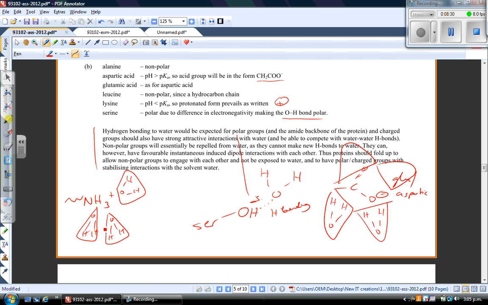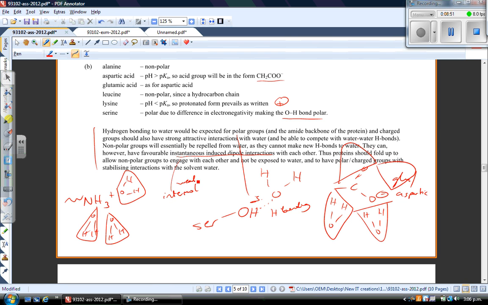And then what else to talk about here? Non-polar groups will essentially be repelled from water as they cannot make new hydrogen bonds to water. They can, however, have favorable instantaneous induced dipole interactions with each other. So this is in essence intermolecular bonding.